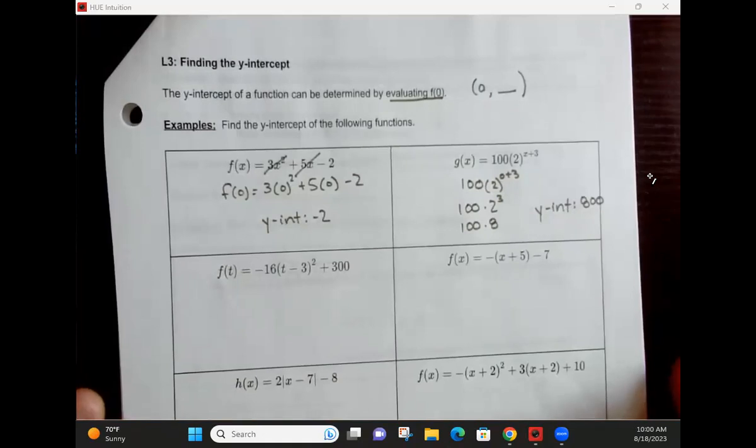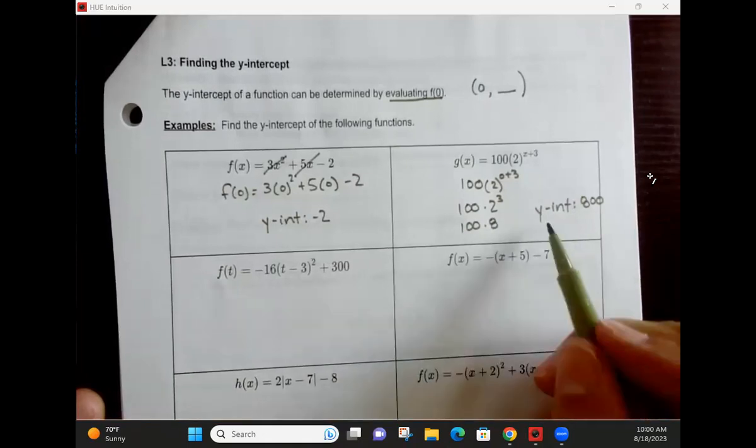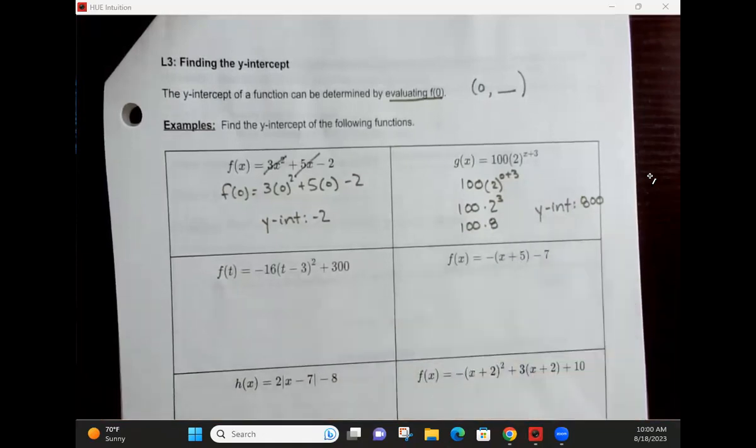Did you say b equals 800 or did you say y-intercept? I would say my y-intercept. I'm glad you asked that question because when we talk about lines, y equals mx plus b is our slope-intercept form, and b is the y-intercept. But depending on the function that I'm looking at, like my quadratic right here, this is my y-intercept, that -2 at the end, but we actually don't call that b.